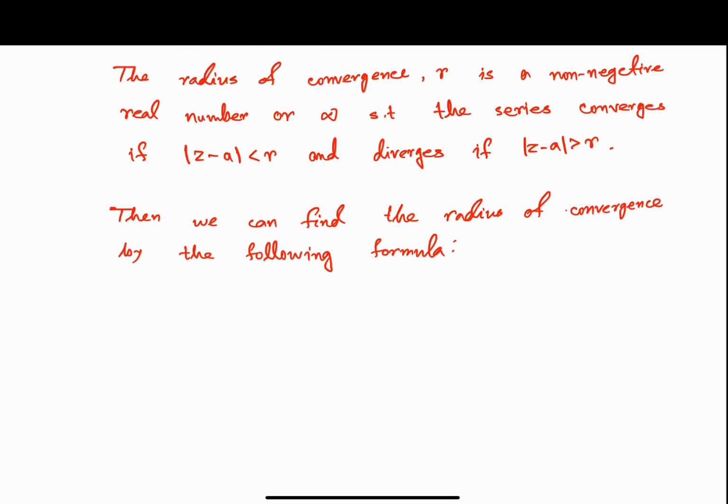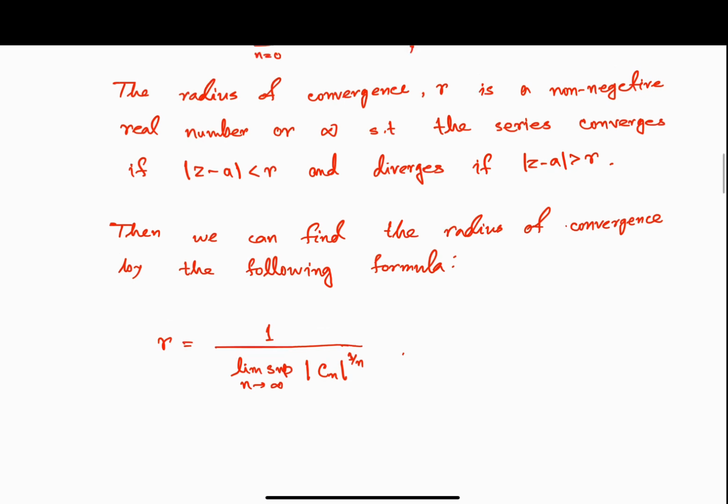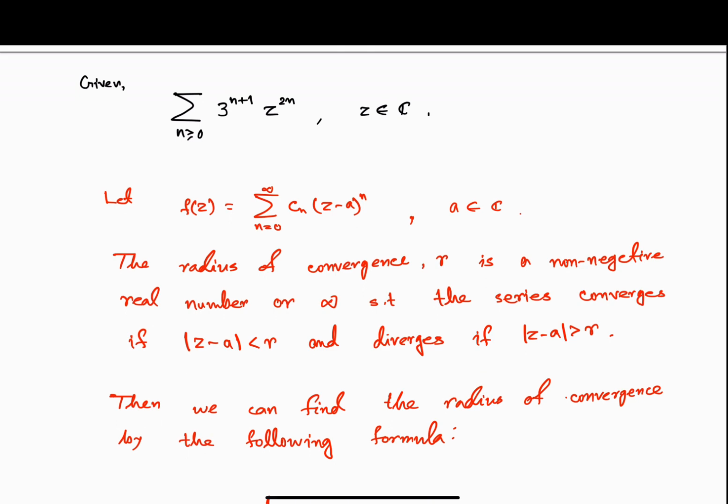So what is the formula for radius of convergence? R is given by 1 by lim sup of mod Cn to the power 1 by n. This is the formula for radius of convergence, and we will use it to find the radius of convergence of the series.